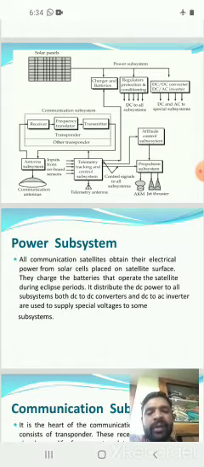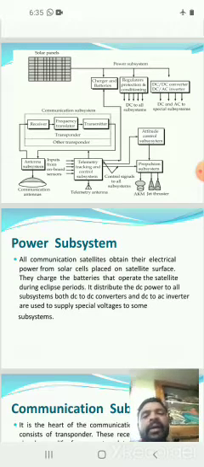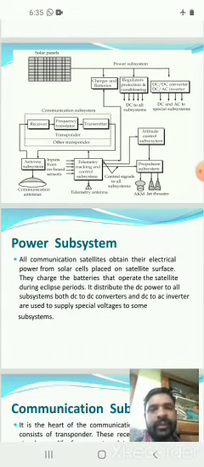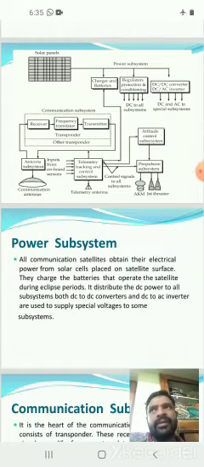They charge the batteries that operate the satellite during the eclipse period. That means in the daytime the solar panels gain energy from the sun and convert the solar energy into electrical energy, and this energy runs the total subsystem.